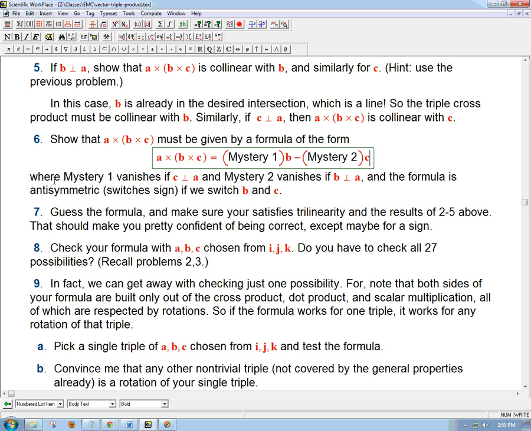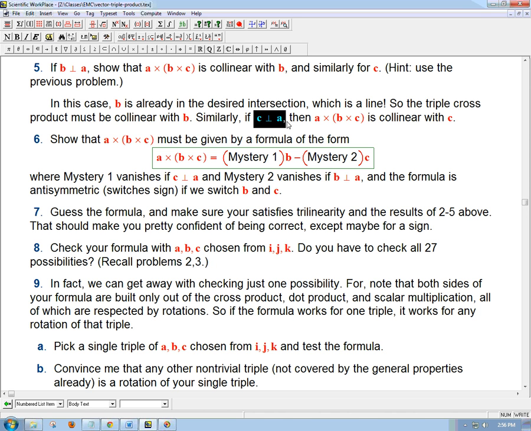Okay, so mystery 1 should be some term that vanishes if C is perpendicular to A. So it's a scalar, I mean, a scalar combination of B and C, some scalar built out of A, B, and C. And it should vanish if C is perpendicular to A. Why is that? Remember, that's what we got in number 5.